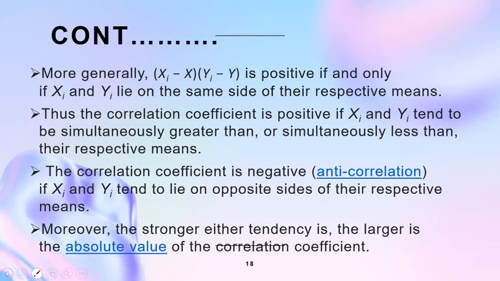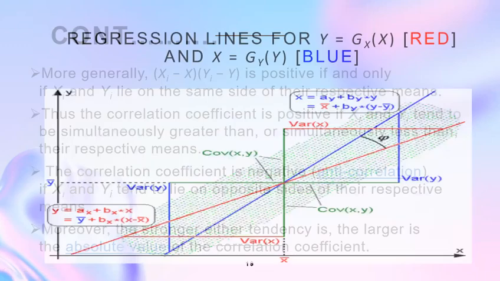Thus, the correlation coefficient is positive if xi and yi tend to be simultaneously greater than or simultaneously less than their respective means. The correlation coefficient is negative, or anti-correlation, if xi and yi tend to lie on opposite sides of their respective means. Moreover, the stronger either tendency is, the larger is the absolute value of the correlation coefficient.